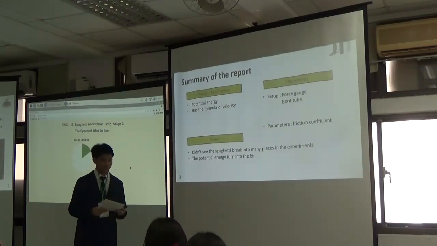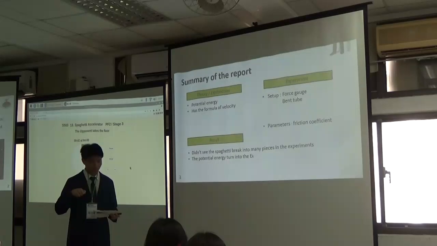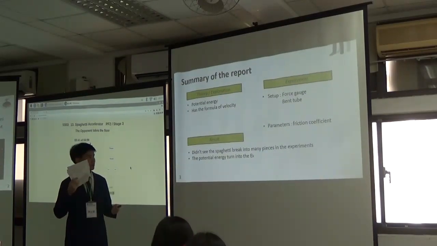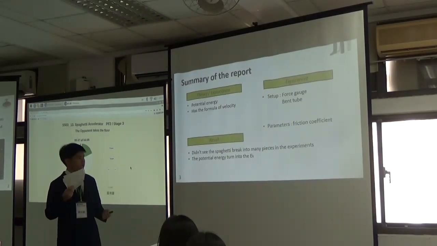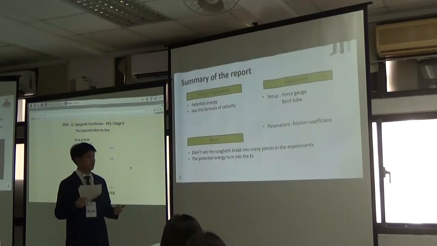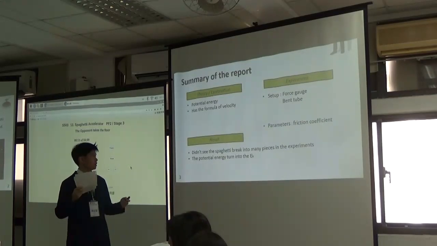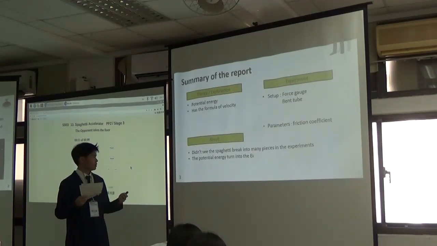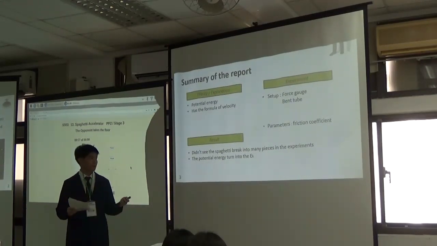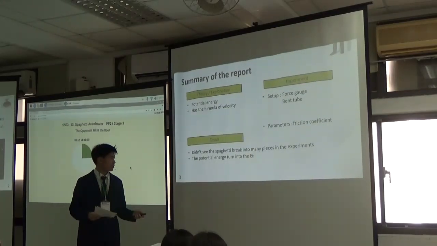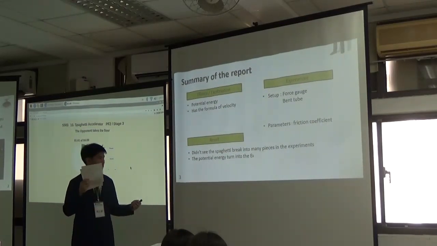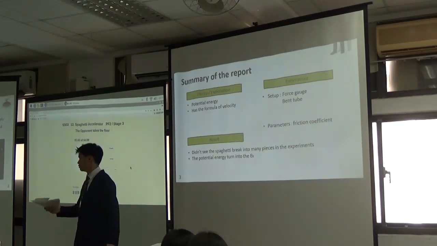The equipment uses a sensor to push the spaghetti through the bending tube, and the friction with the condition will reflect the result of the experiment. And in the result, you didn't see the spaghetti breaking into many pieces in the experiment, so the potential energy turned into kinetic energy.